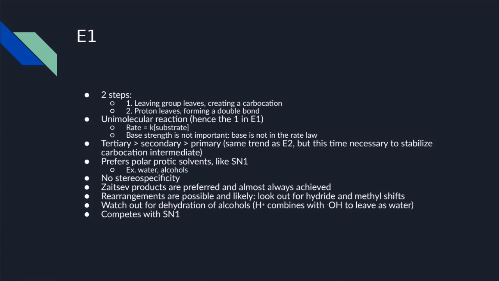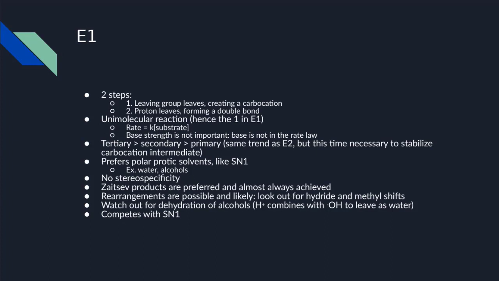This has the same trend as E2 in terms of the substitution level of the substrate. The tertiary is going to be preferred over secondary, which is preferred over primary. And the reason that it's good for E1 is because this will stabilize your carbocation intermediate.